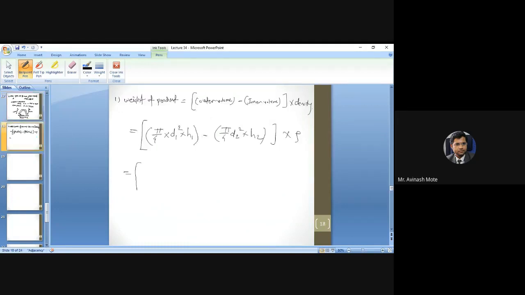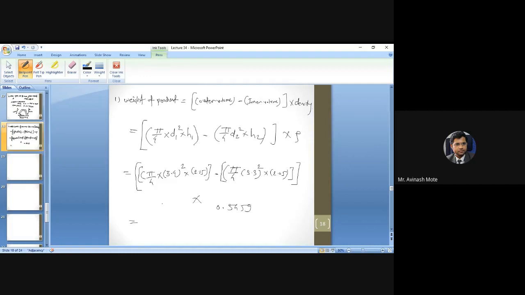So this will come out as pi by 4, larger dia 3.4 square, larger height 2.15 centimeter, and smaller one pi by 4, smaller dia 3.3 square into smaller height 2.05, multiplied by density, which is 0.5459.